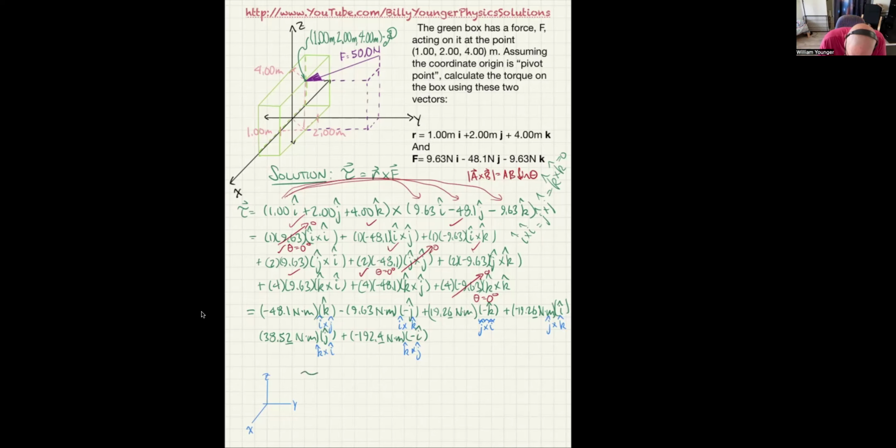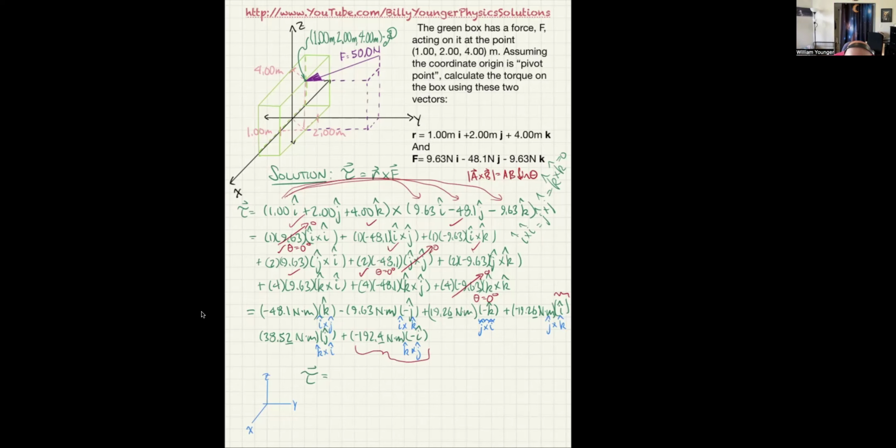So now what we want to do is combine like terms, and I can say then that the torque is equal to, first off, let's take the I hat term. So here's an I hat term, and here's an I hat term. So what I get is negative 192.4, and I'm adding to it, negative times negative is a positive.